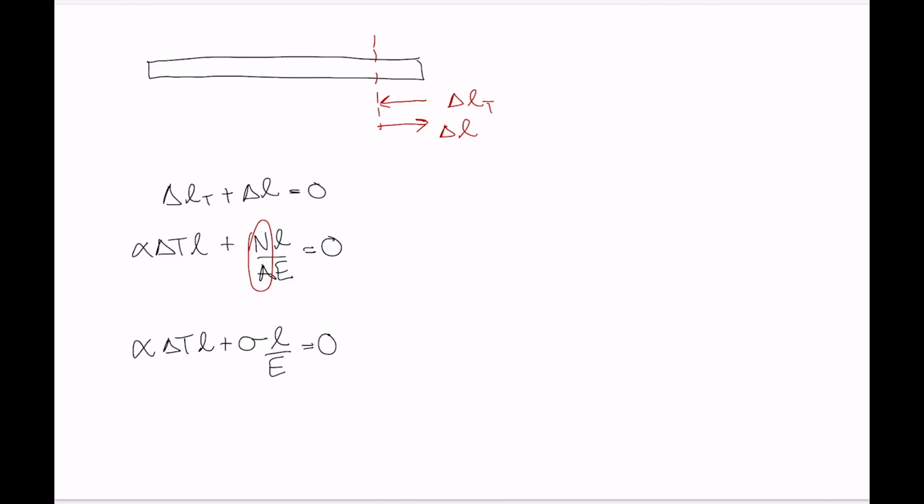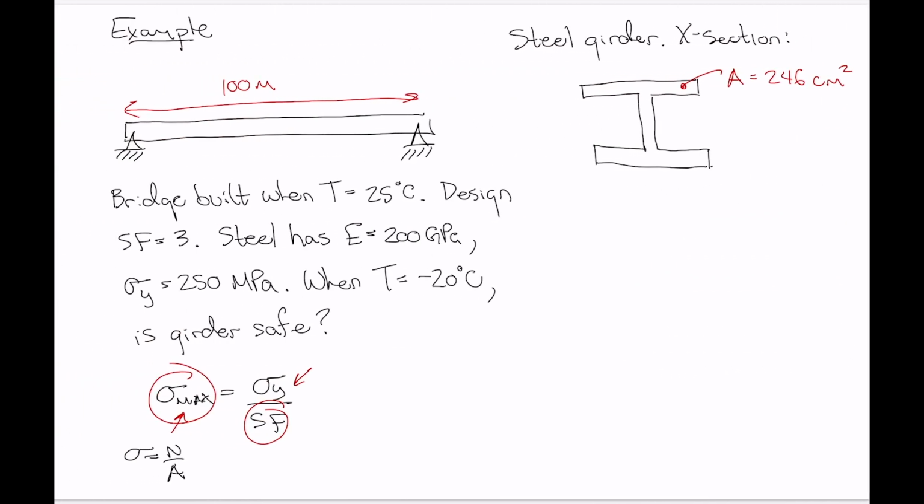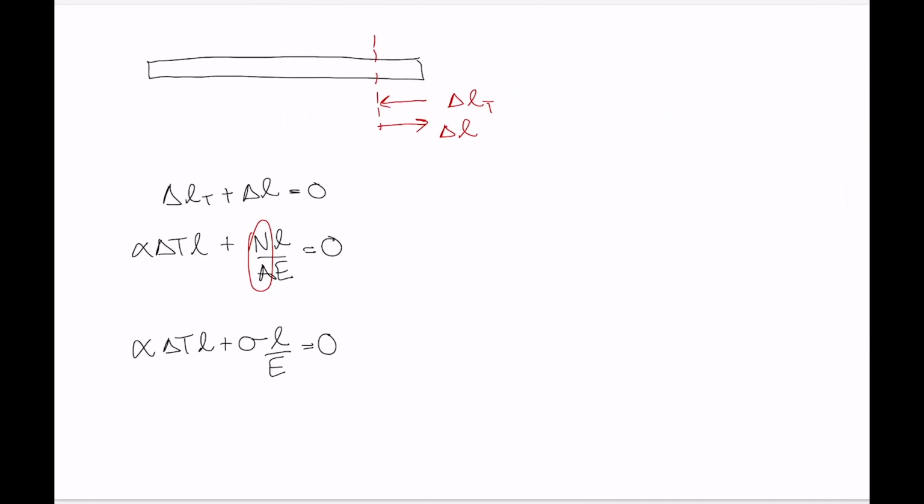So let's go ahead and figure out what that is. I didn't write down a value of alpha, but I should have, so let's put this in the problem statement. Alpha is 12 times 10 to the minus 6 per degree Celsius. That's the value for your typical structural steel, so you'd need that to do the problem. So we've got 12 times 10 to the minus 6 here.